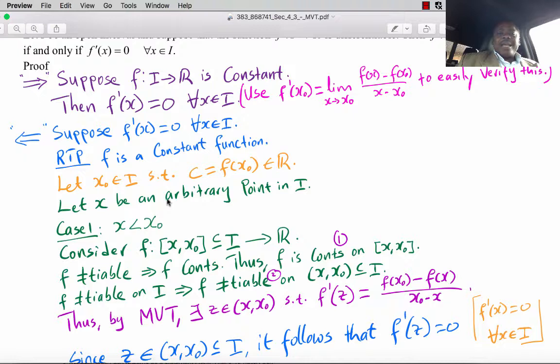Now let x be an arbitrary point in I. Recall that for every x in I, f prime of x equals 0. So we're heading somewhere.